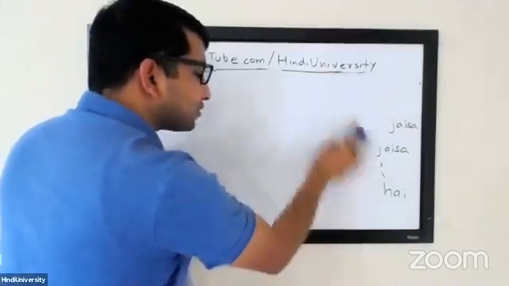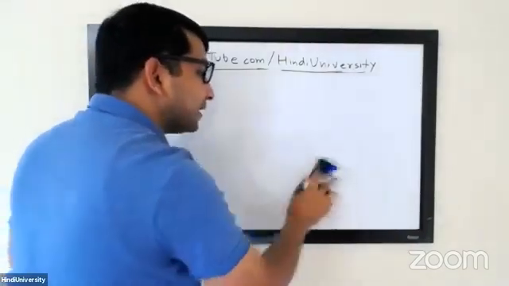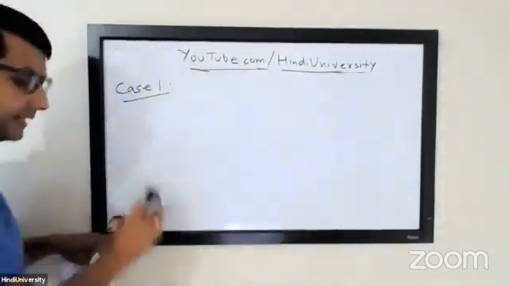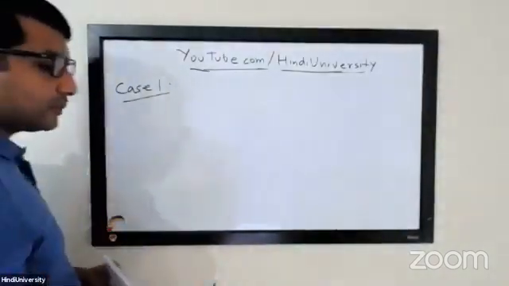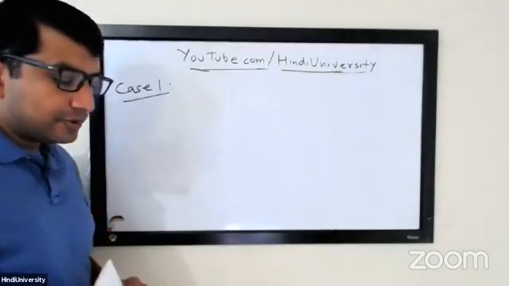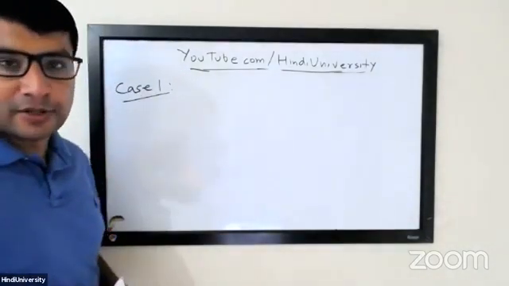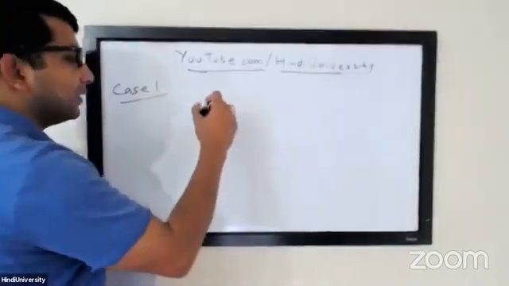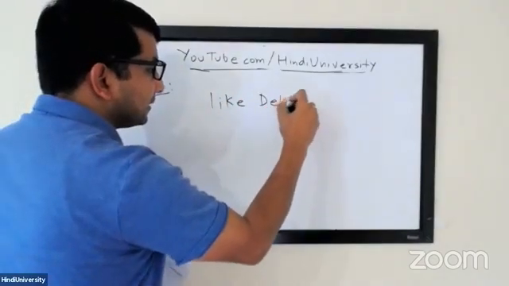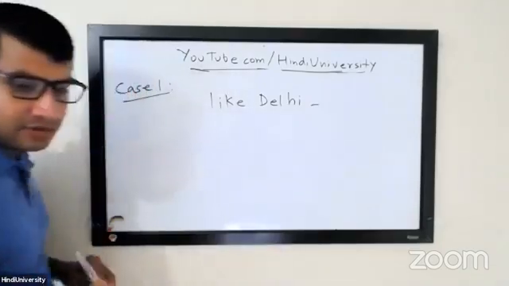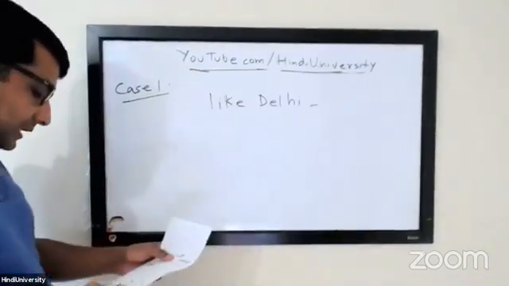Sometimes the oblique case of a noun is exactly the same as the dative case, or the normal case. So let's say you come to a new place and you think the weather is just like any other place. So you want to say like Delhi. Let's see, Olena ji, how will you say like Delhi in Hindi?